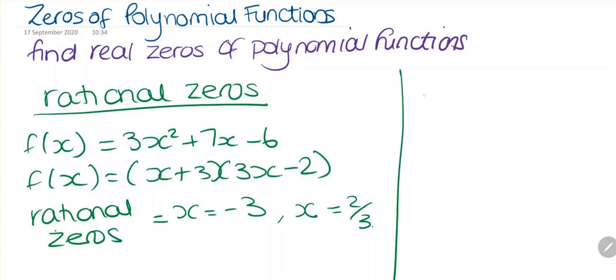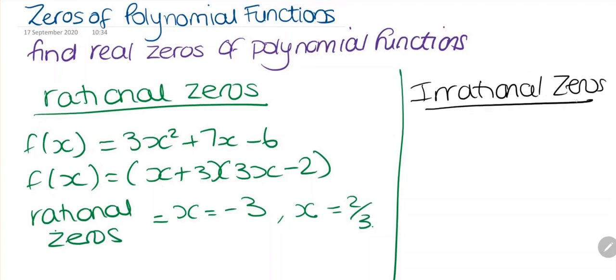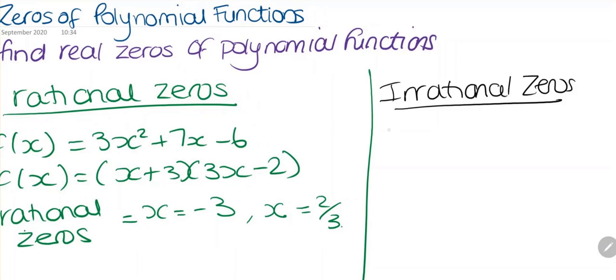Then we have our irrational zeros. So an example, we use g of x is x squared minus 5.